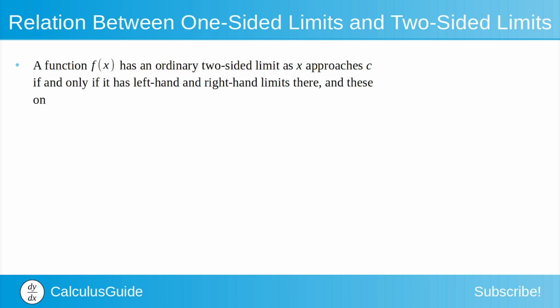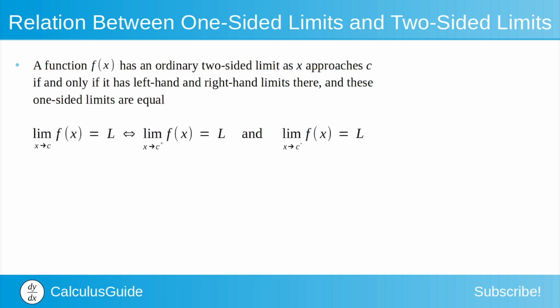A function f of x has an ordinary two-sided limit as x approaches c if and only if it has left-hand and right-hand limits there, and these one-sided limits are equal. We read this symbol, now highlighted, as if and only if.